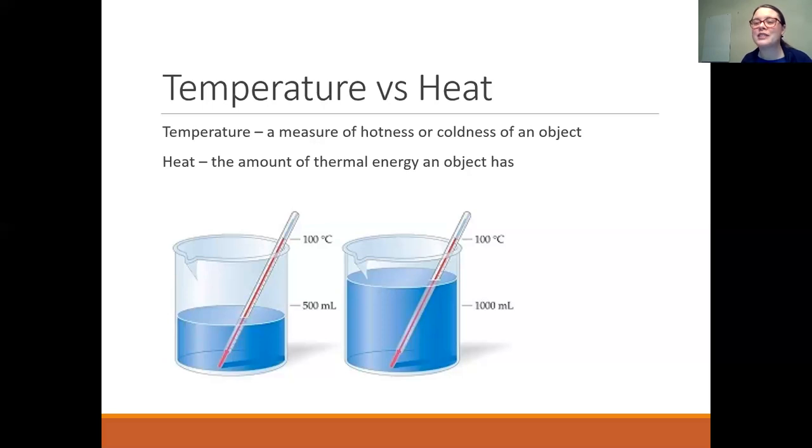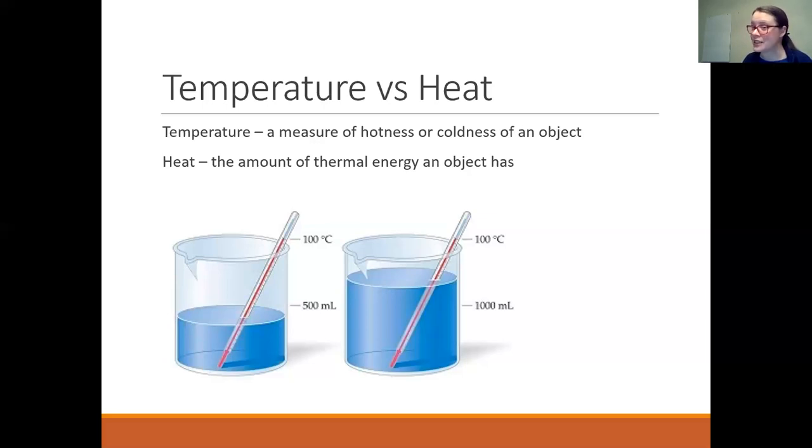Now, I know that's a very simple explanation, but that's something that I often use to help give us a visual, because heat is related to the thermal energy of the object, which is related to how fast the molecules in that object are moving. The faster they're moving and bumping into each other, the more likely they are to be at a high temperature. I often will compare it to friction.